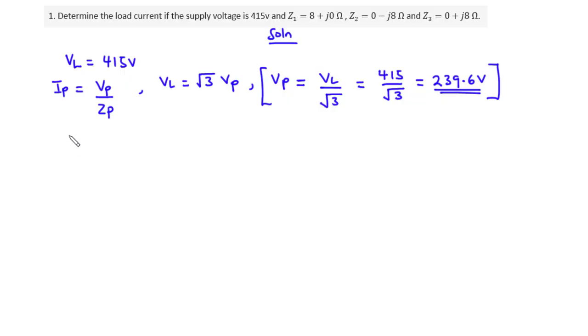So we have the phase current for the first phase giving us Ip1 equals the phase voltage, and in this case we are going to consider the first phase voltage to be the reference phase voltage. So that is 239.6 polar 0, now divided by Z1. Now here we have Z1 to be 8 plus J0 ohms.